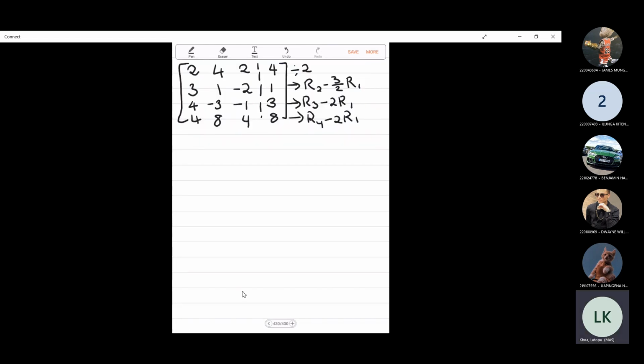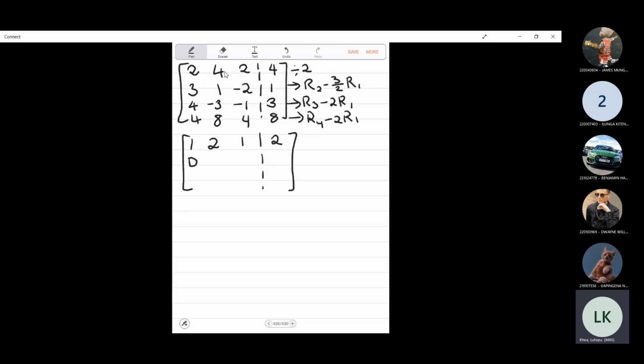Our first row, we divide everything by 2. I get 1, 2, 1, and then this is 2. Then the second row, we multiply this number by 3 over 2 and then subtract, so it will be 3 minus 3, that will give me 0.